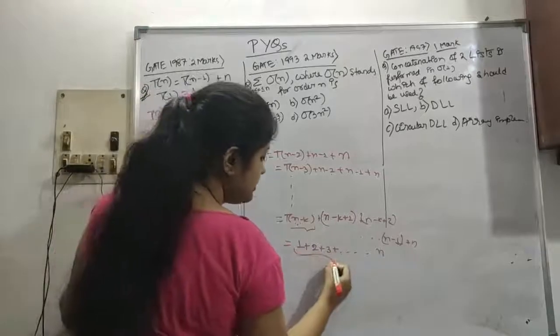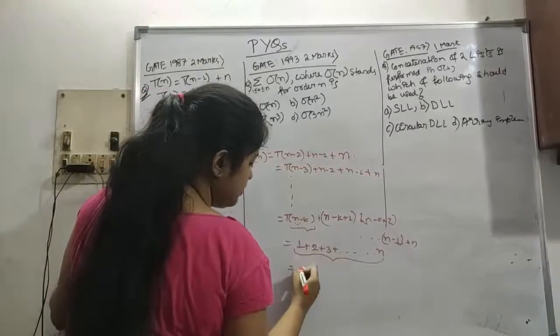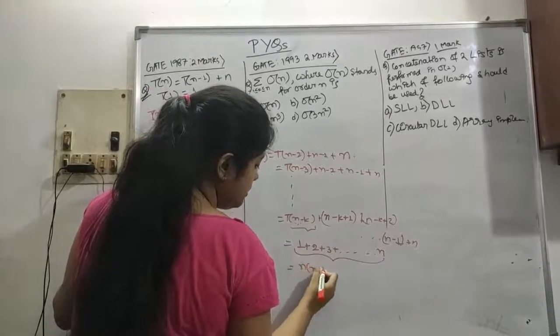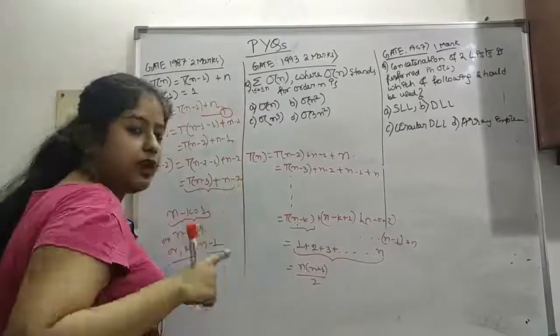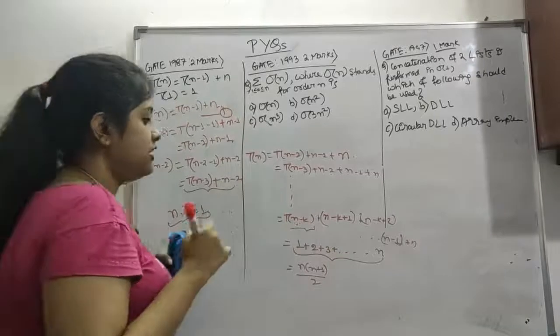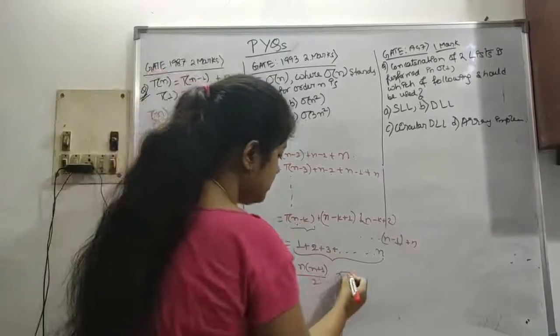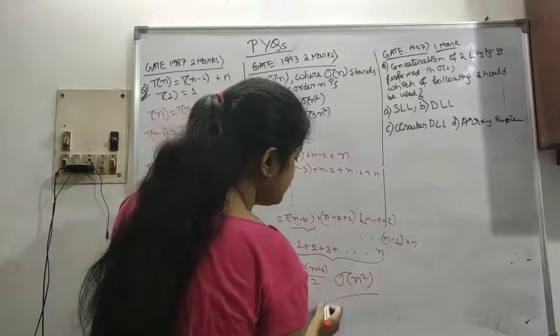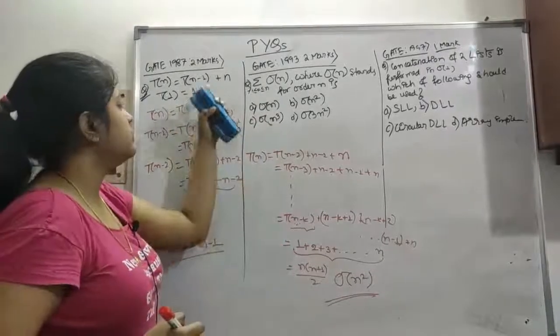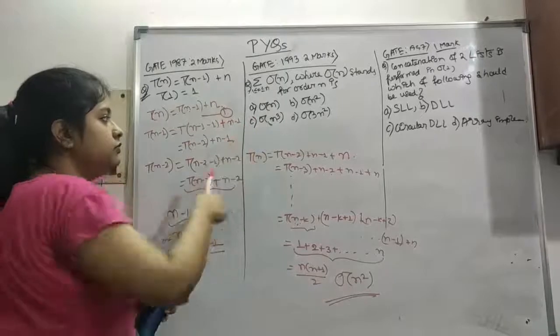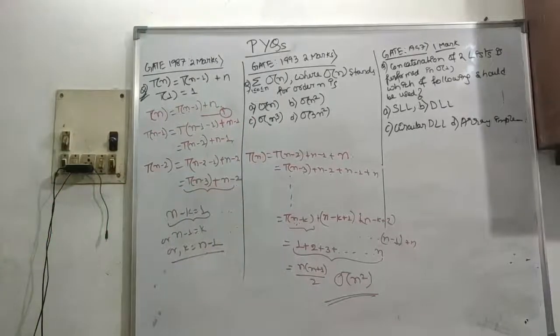So this is basically the sum of natural numbers, n(n+1)/2. Back then they used to ask it in pen and paper, but in order it is n squared. So by the substitution method, the order is O(n squared).